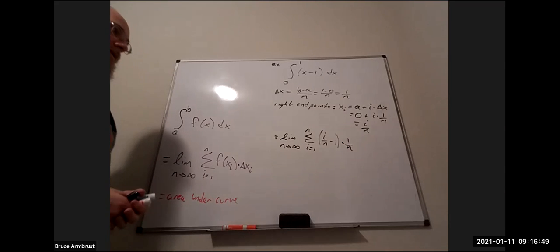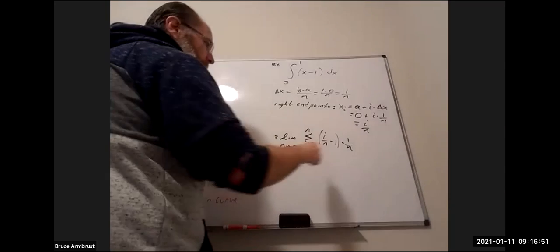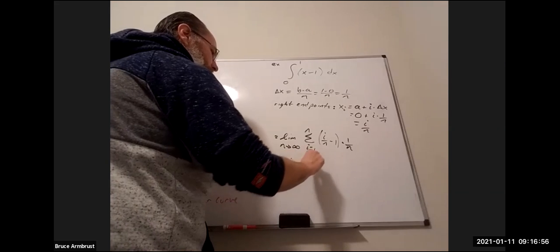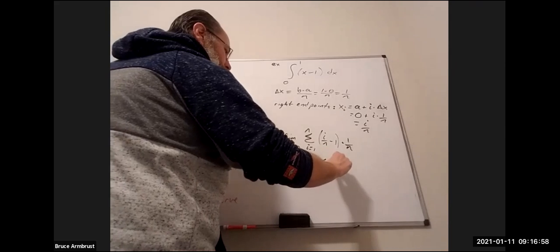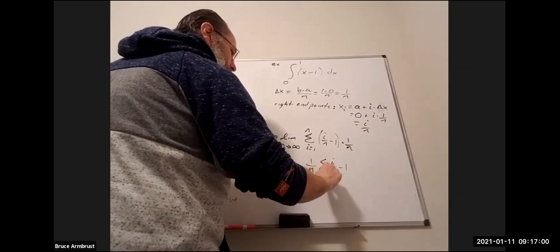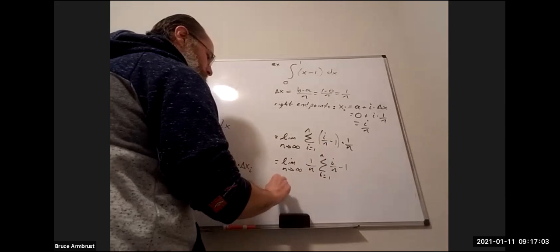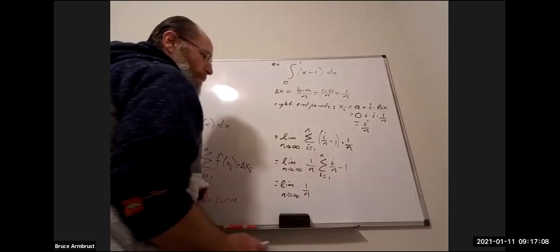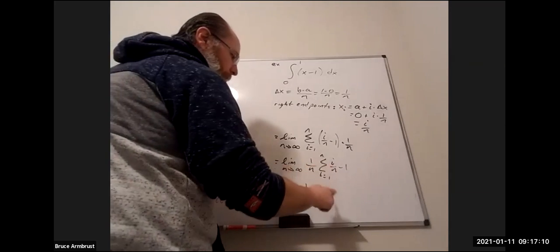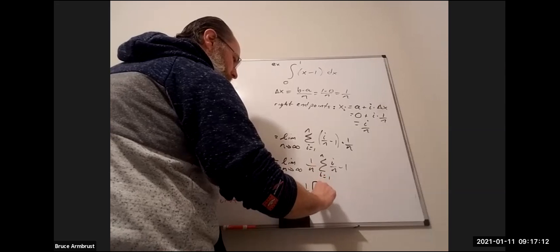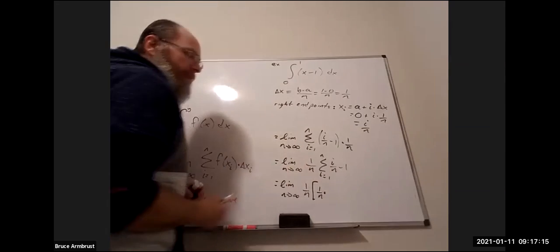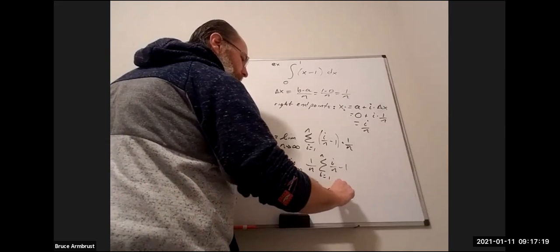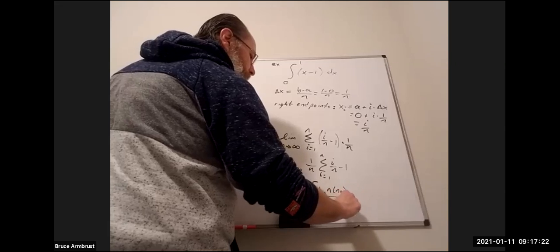All right, well, let's do this limit. We've got to start with the sum. I'm going to pull the 1 over n out front because it has nothing to do with the i, so it'll make things a little bit easier. So here we go. I need to do 1 over n times the sum of the i's. The formula for the sum of i's is n times n plus 1 over 2.